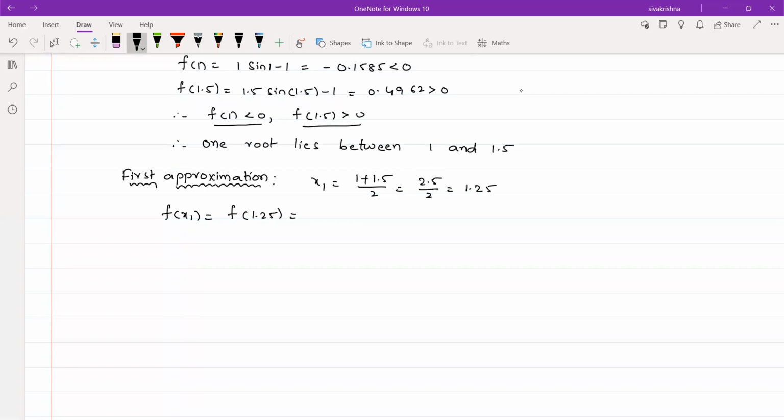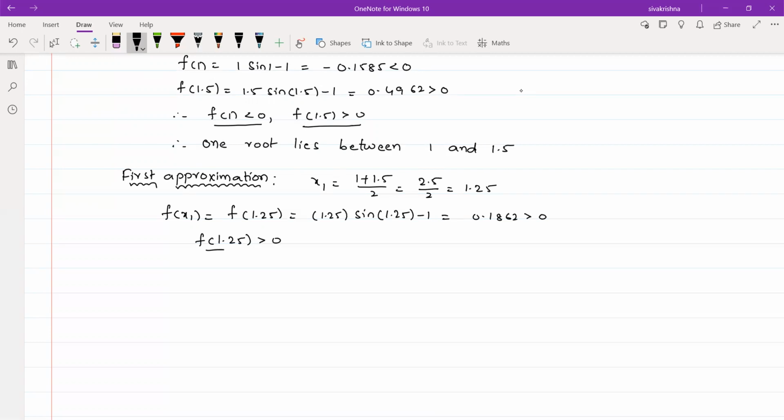We substitute this value in the given equation x sin x minus 1, so 1.25 into sine of 1.25 minus 1. The value of f of 1.25 is approximately 0.1862, which is a positive value.